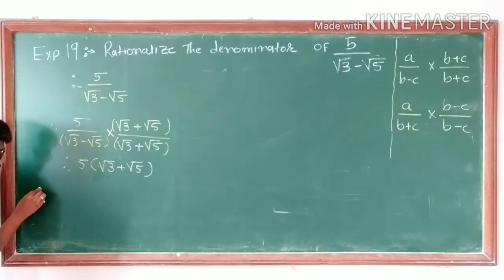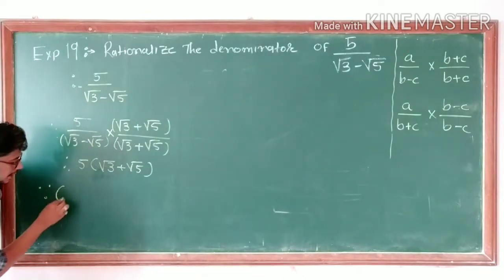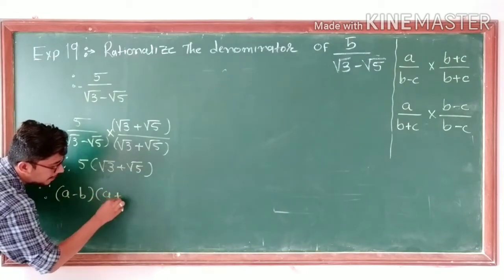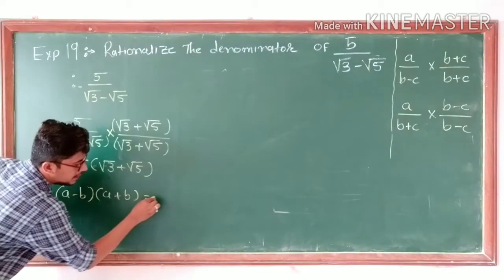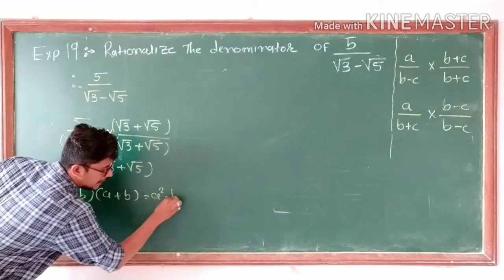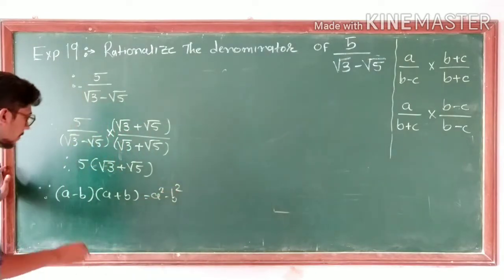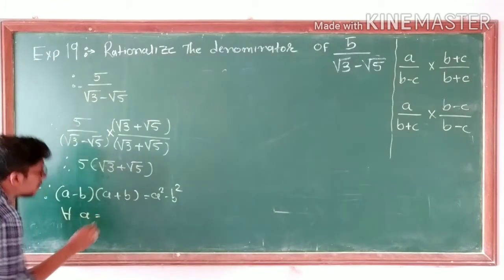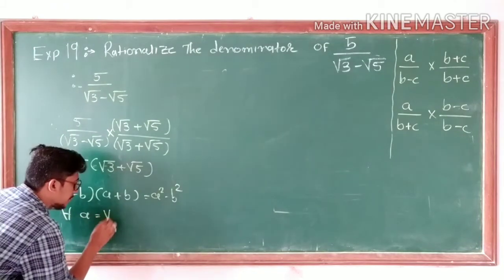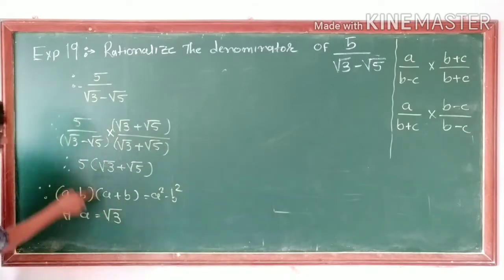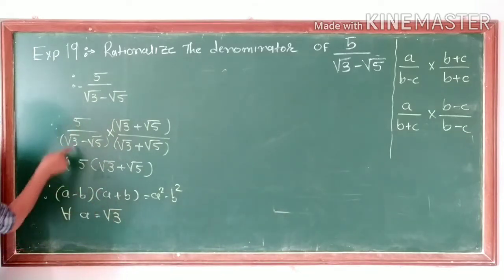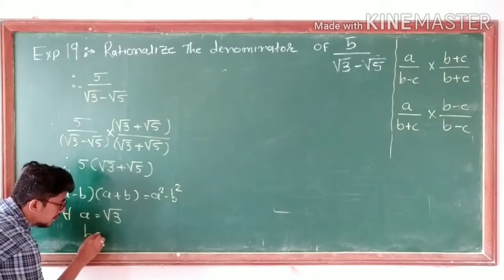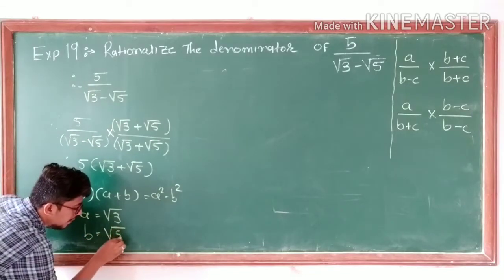Because a minus b times a plus b is equal to a square minus b square, where a is equal to square root of 3 and b is equal to square root of 5.